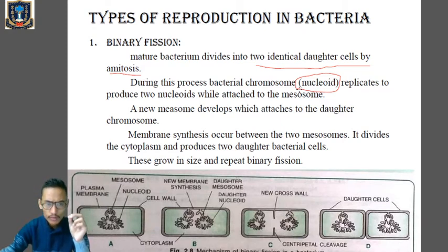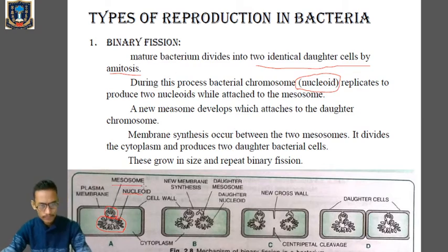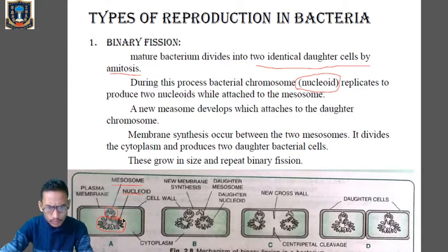So look at the figure carefully now. Over here you can see the structure. This one is the nucleoid. Can you see over here? Right. And this one is the mesosome, an inclusion in bacterial cells. So first of all, this particular nucleoid will divide into two nucleoids.